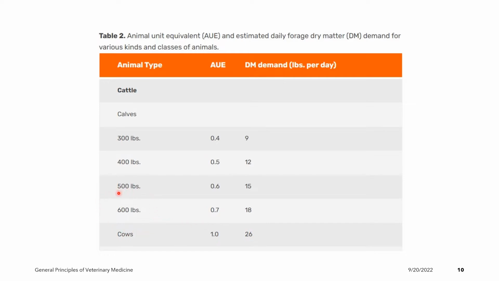For a 600 pound calf, it has an animal unit equivalent of 0.7 and a dry matter demand of 18. How do we get 18? The same as our previous example, we multiply 600 pounds, which is the weight of our animal, with the estimated animal intake of the animal on a dry matter basis.